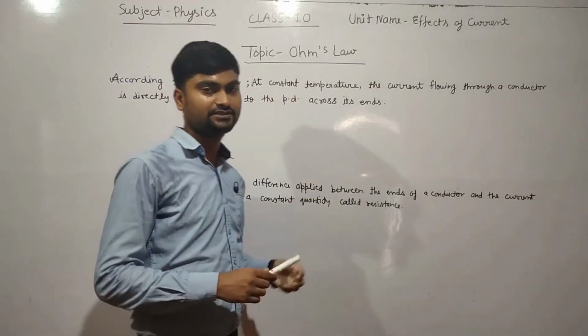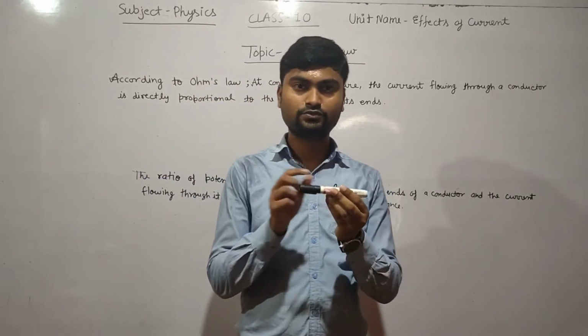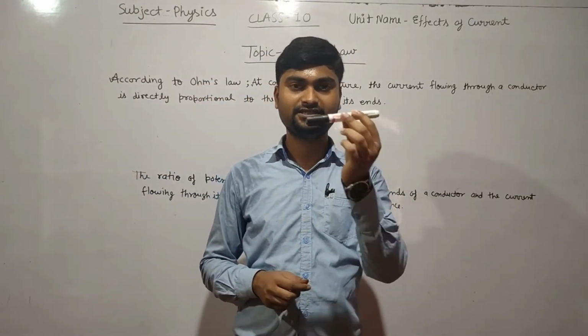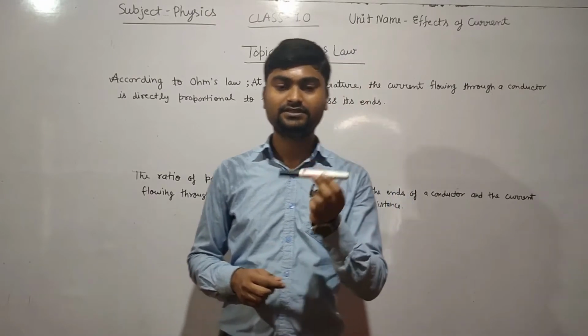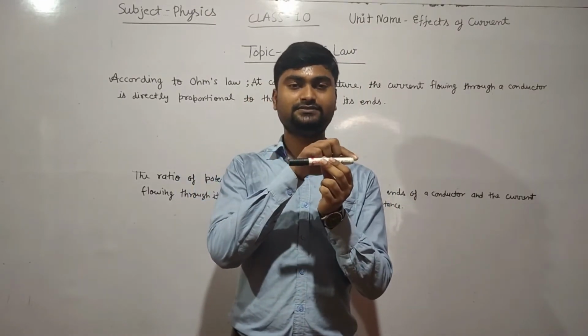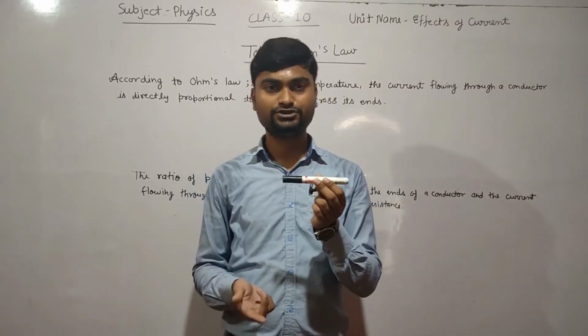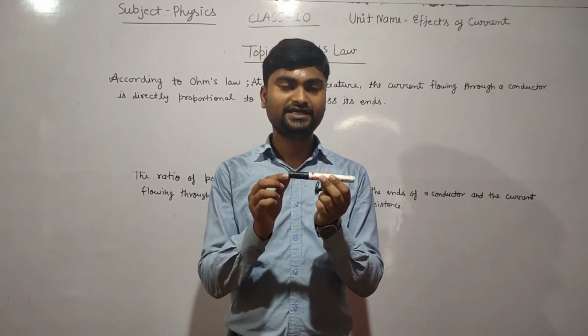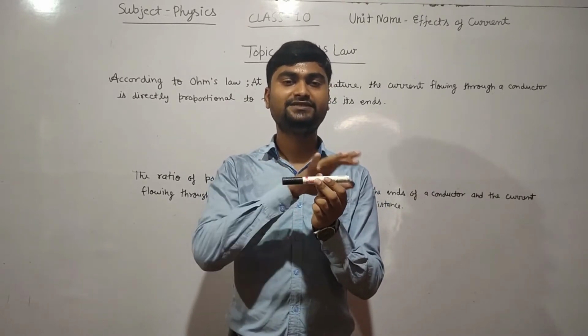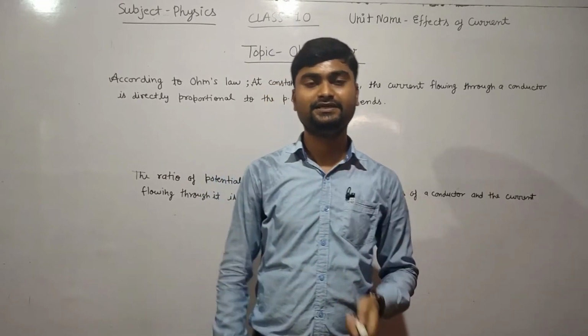At constant temperature, the current flowing through a conductor is directly proportional to the voltage applied, or potential difference applied, across its ends.